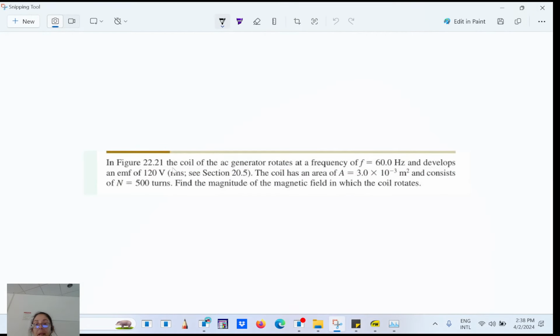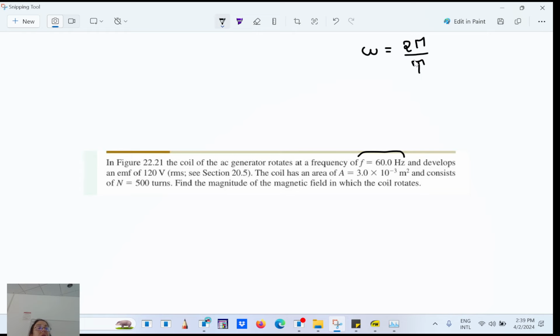Okay, so you have a coil on the AC generator. So that's going to be the frequency, 60 hertz. So omega, remember omega, that's the speed at which your coil is spinning. It's going to be 2 pi, because that's one revolution, over the period.